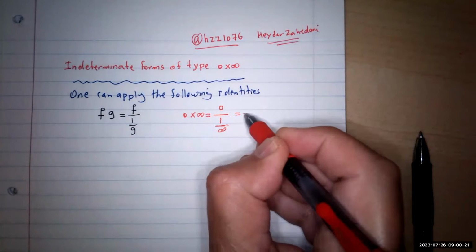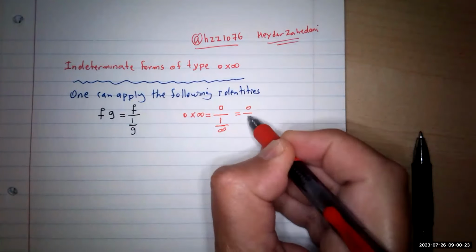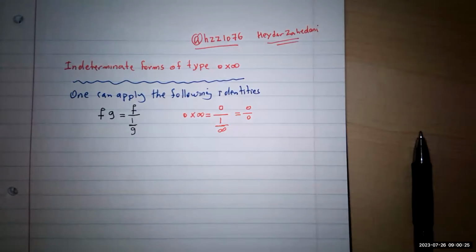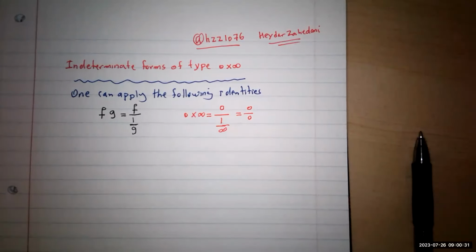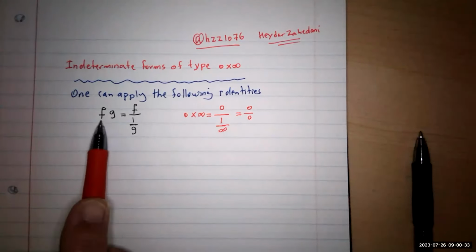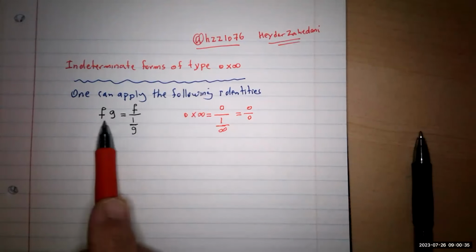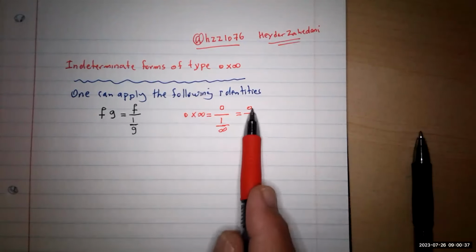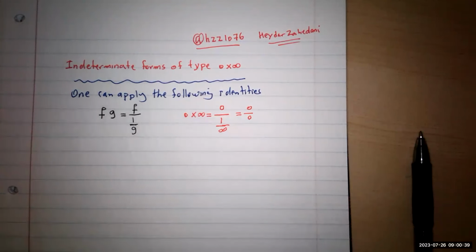So that gives you 0 over 0, and then you'll be able to do the job. When we get 0 over 0, you change it to 0 over 0, and you can handle it using the L'Hopital rule. It's one choice.